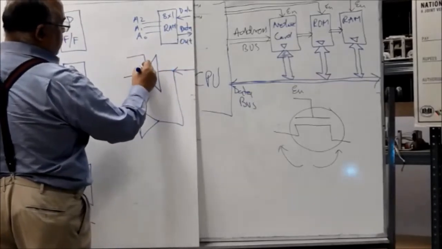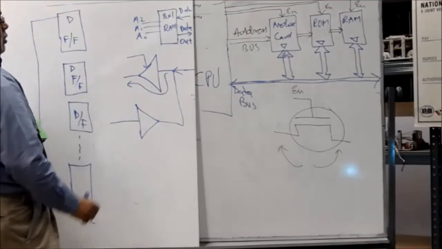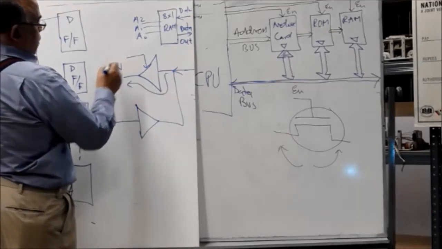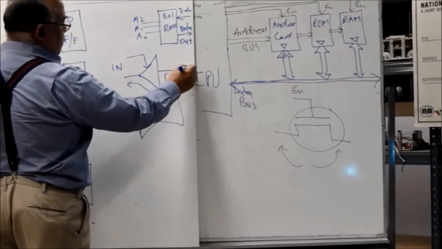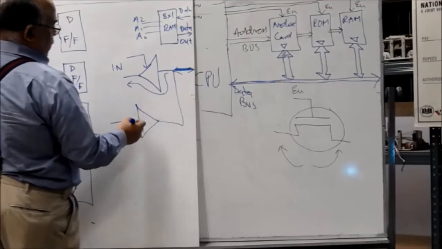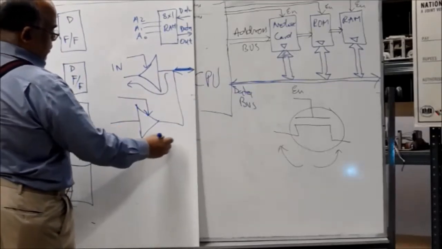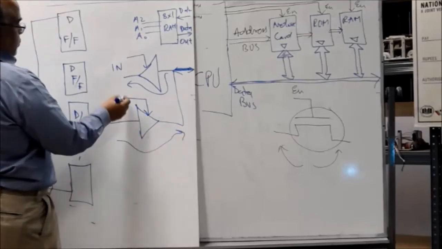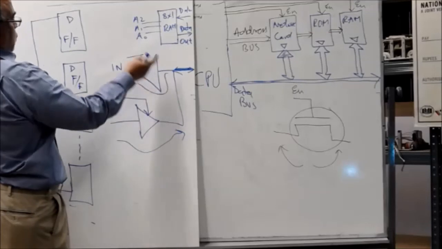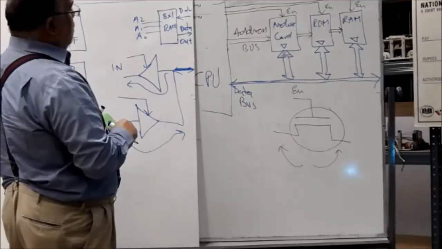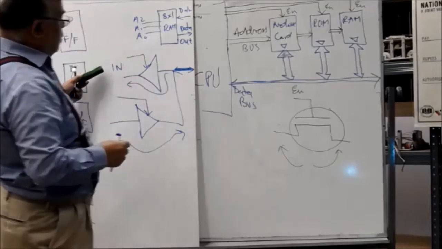You enable this tri-state buffer, data can come and go in this direction. This will be when you are reading data from this line. When you enable this, the data goes in this direction. When is this enabled? When data goes into the memory, which is the time when you are writing data to the memory.